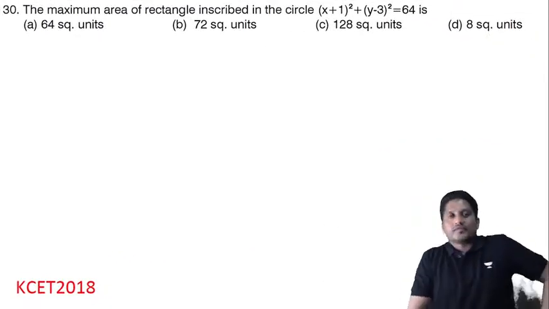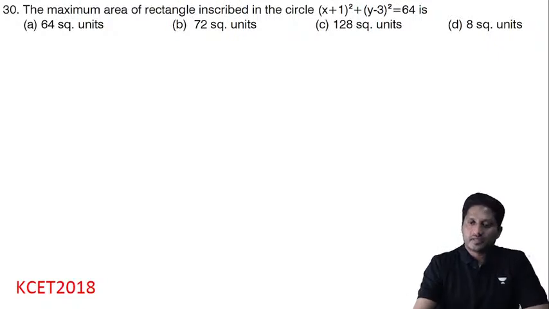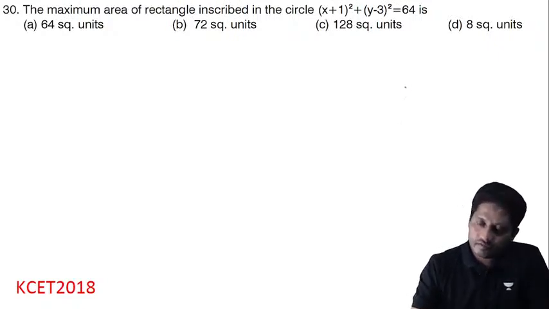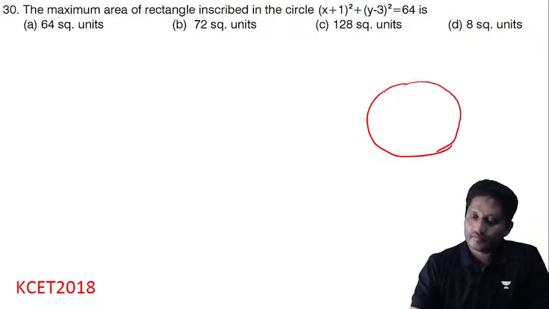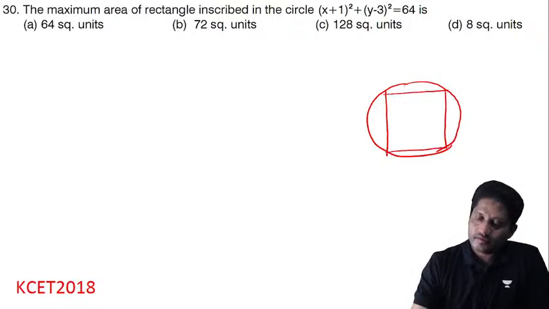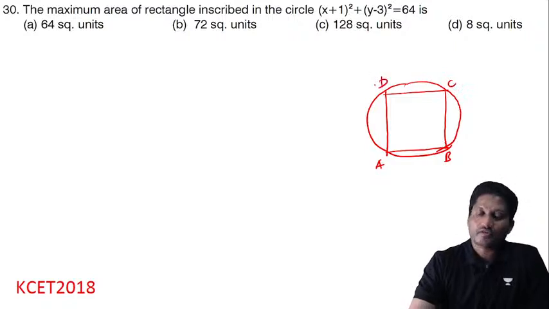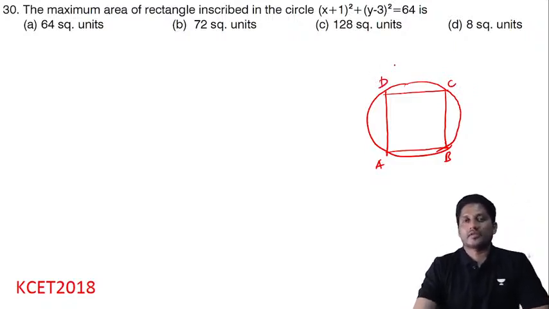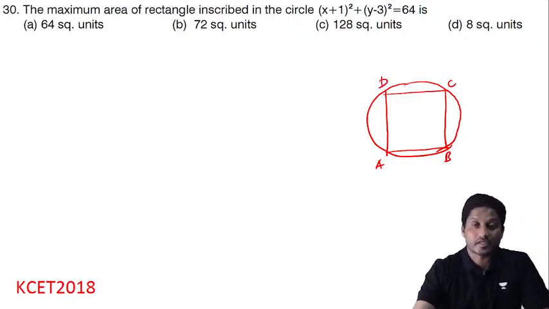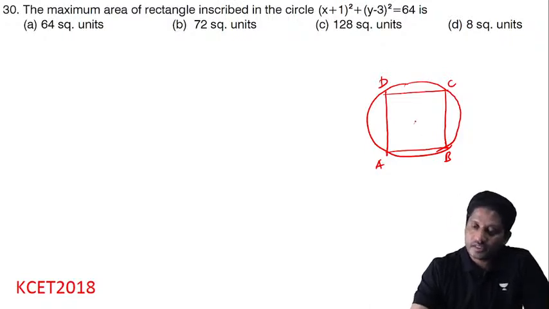Maximum area of the rectangle inscribed in a circle. This one is a miscellaneous NCERT exercise question: of all the rectangles inscribed in a circle of given radius, which has the maximum area?